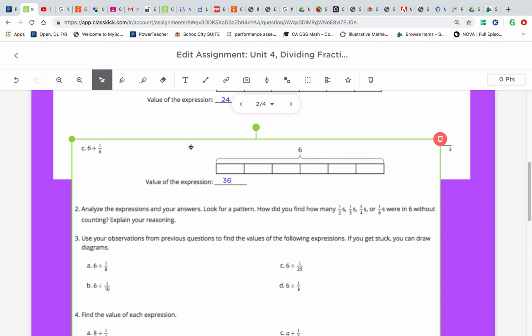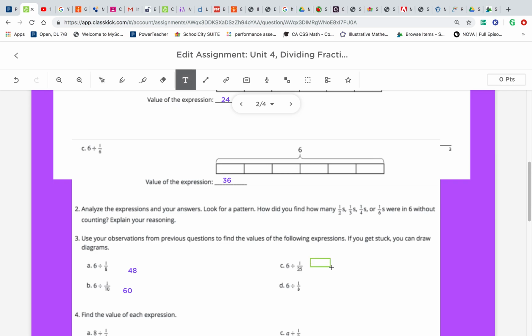So 6 divided by 1/8, you know this is going to end up being 6 times 8, and that's 48. 6 divided by 1/10, that's 6 times 10, that's 60. 6 divided by 1/25, that's 6 times 25. We can do that in our head because 25 is like a quarter, and we know 4 quarters are in $1. So you have $1, but then you have 2 more quarters added onto that.